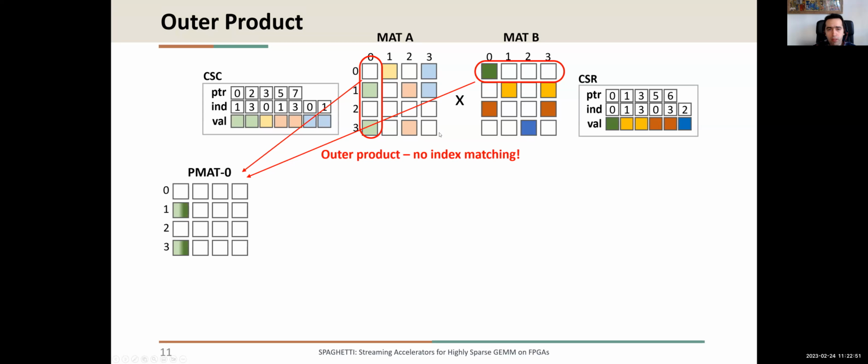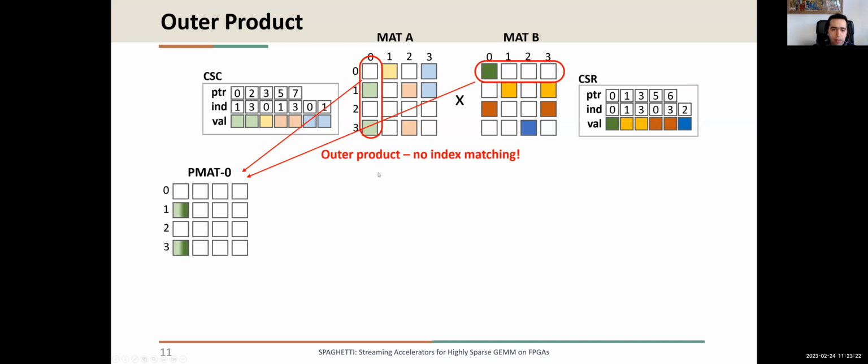Let's say we have two matrices, and these are sparse tensors, and we have stored them using a compression representation like CSR, CSC, and CSR. So I take one column from matrix A and one row from matrix B and do an outer product operation, and that gives us this partial matrix 0.